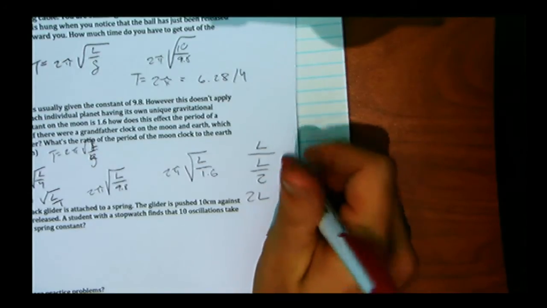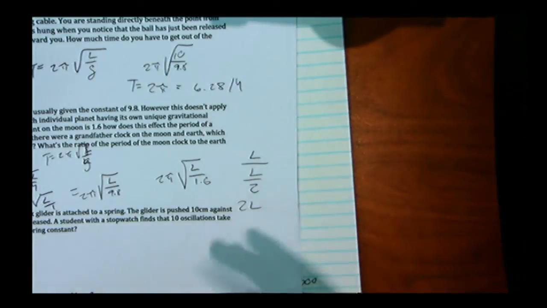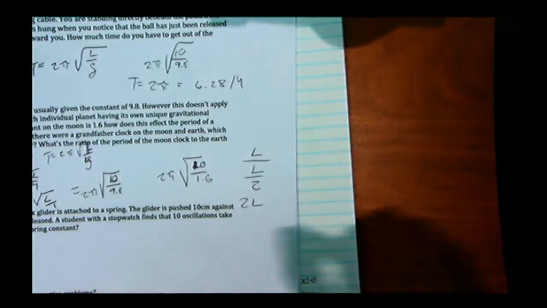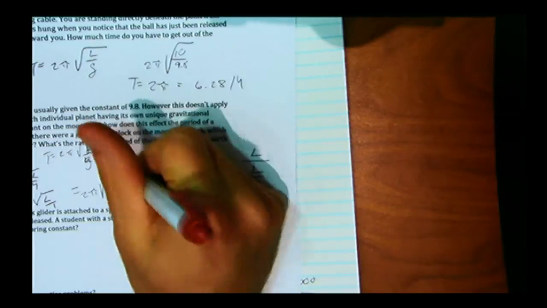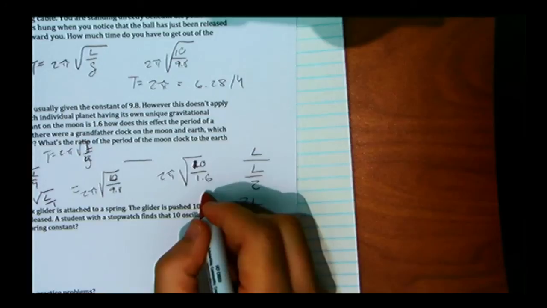So if L was equal to 10, we solve for this. Someone want to solve for that? So it's going to be roughly 2 pi, and you got 15.7? And you did that with the pi constant?